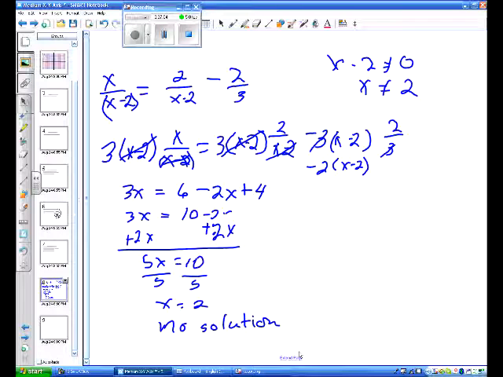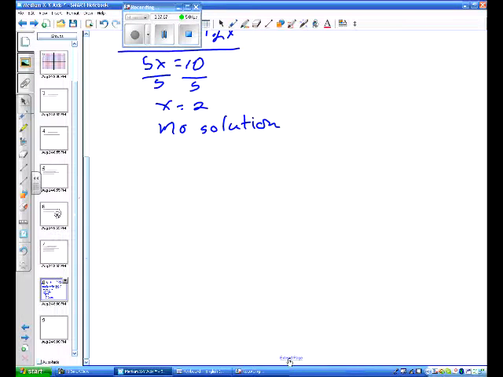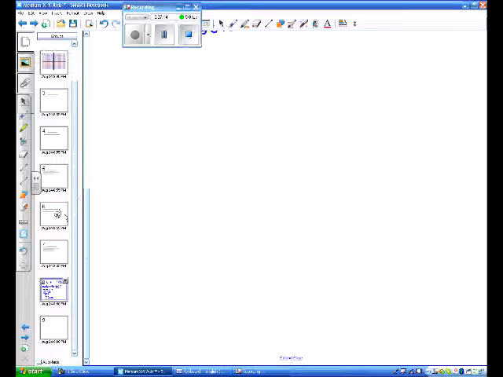All right, we've got one more that I want to look at that's in this same type of section. And so let's go ahead and look at it.